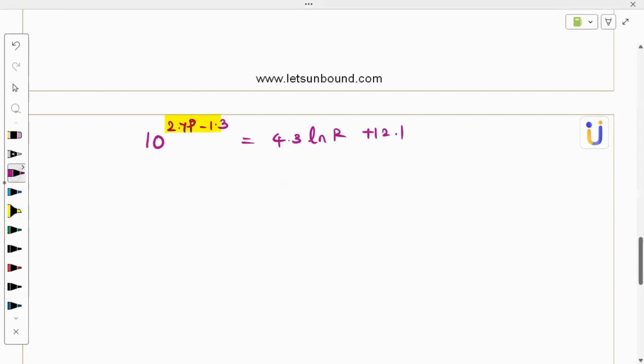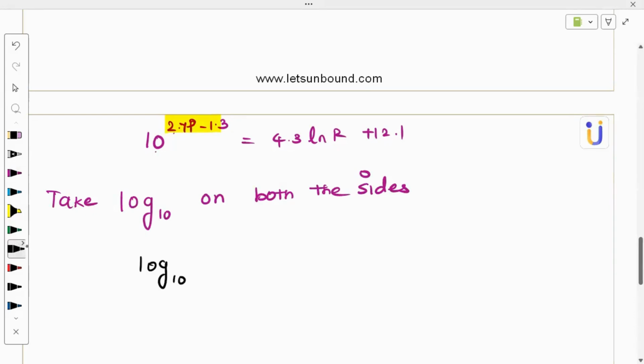To remove the exponent, I will take log with base 10 on both sides. So I get log 10 of 10 power (2.7P minus 1.3) equals log 10 of the whole bracket, 4.3 ln R plus 12.1.